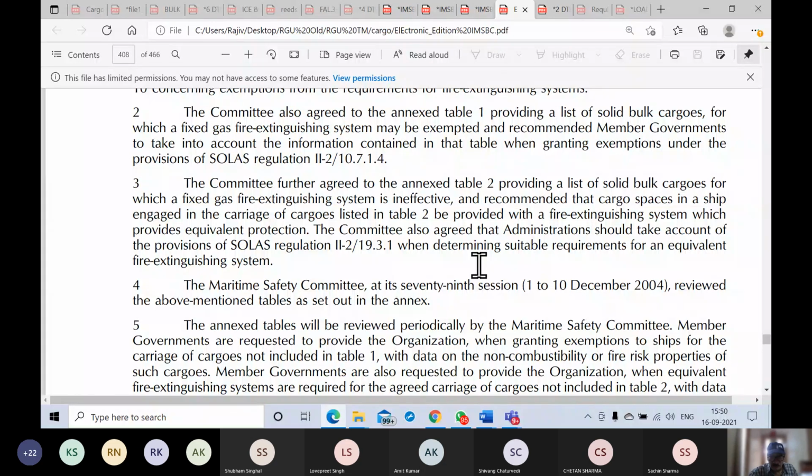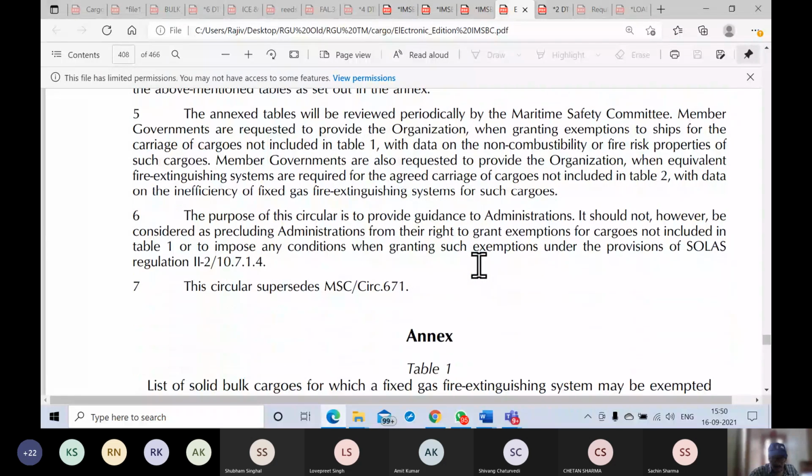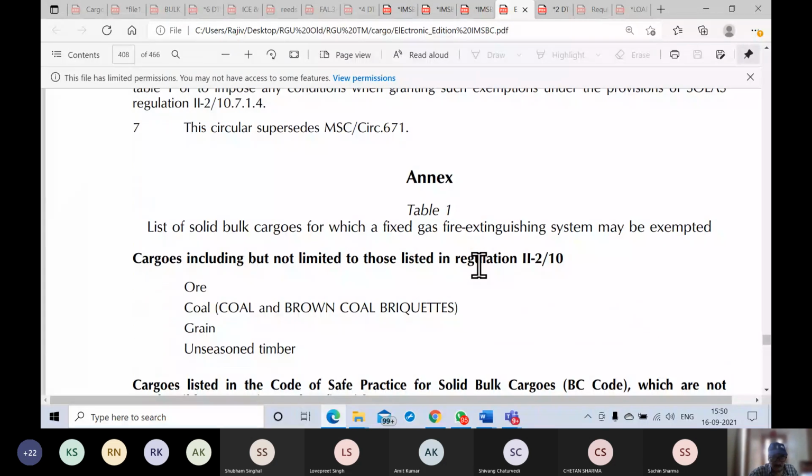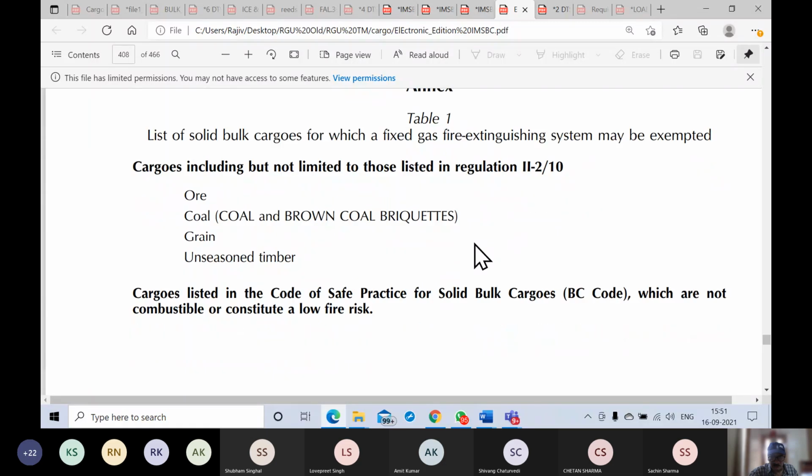But it also recommends a suitable other system, an equivalent system. So this is the annexure. It talks about this list of bulk cargoes for which a fixed gas fire extinguishing system may be exempted, like this.